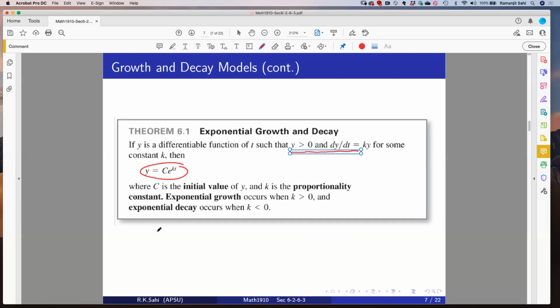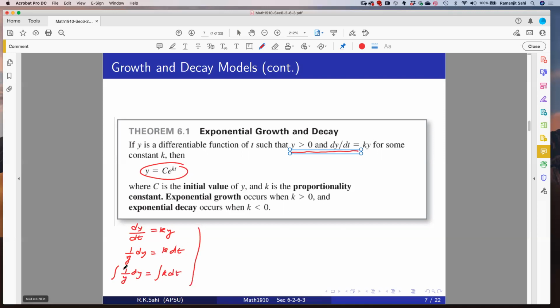So let's do it here. If dy by dt equals k times y, remember, variable separable means get the y's together. So it's 1 over y dy equals k times dt. Now we're going to integrate, because we're finding the solution: the integral of 1 over y dy equals the integral of k dt.